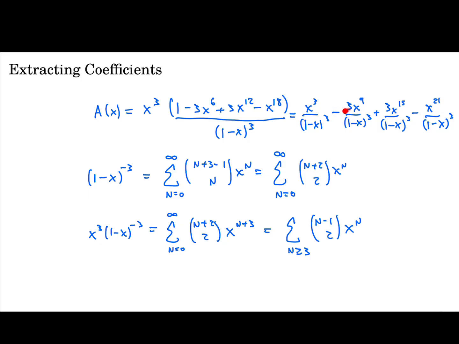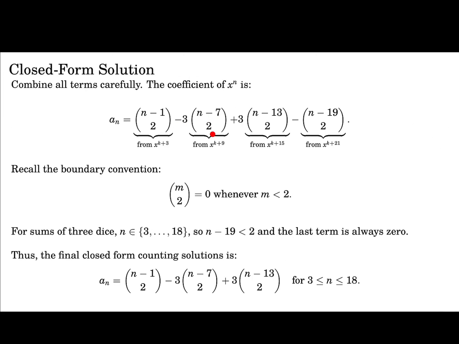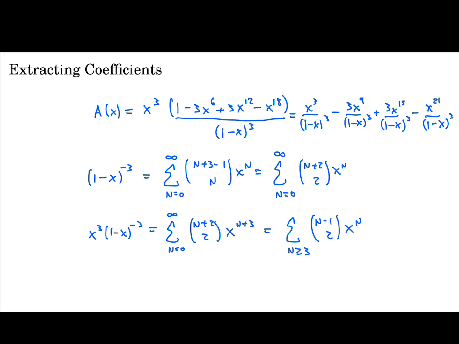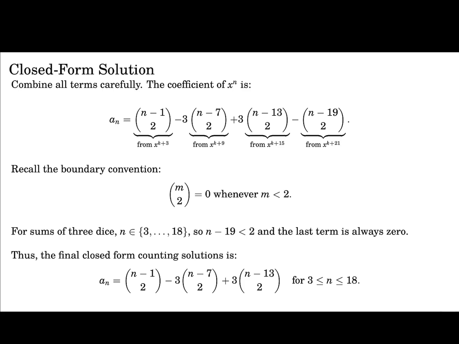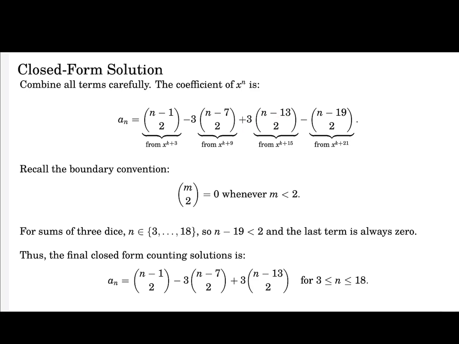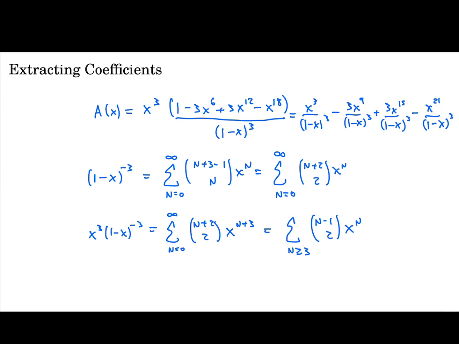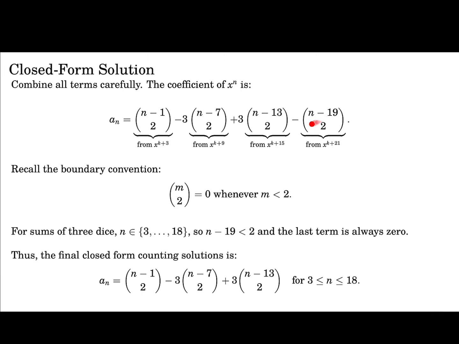Then a minus 3 for the x to the 9 one, which has the coefficient n minus 7 choose 2, so you get minus 3 times n minus 7 choose 2. The next one is from the x to the 15, where we had a plus 3, so it's going to be 3 times n minus 13 choose 2. And finally, from the x to the 21, it was just a minus in front, so it's going to be minus n minus 19 choose 2, which is exactly what you get here.